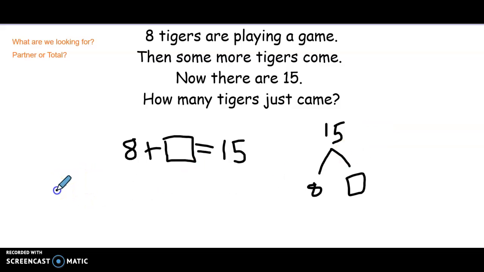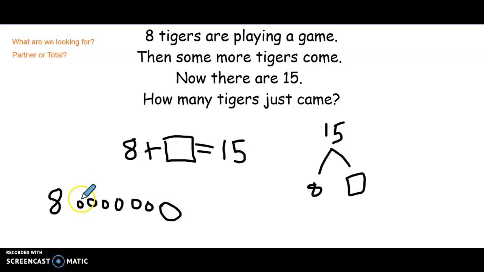Okay, the one method that we saw earlier, we start off with 8 and we draw circles until we say 15. 8, 9, 10, 11, 12, 13, 14, 15.